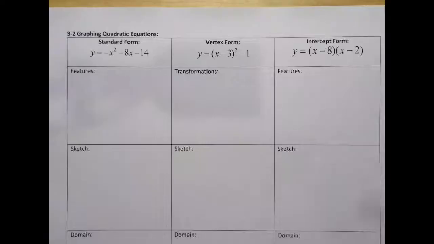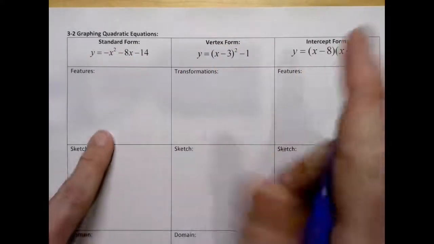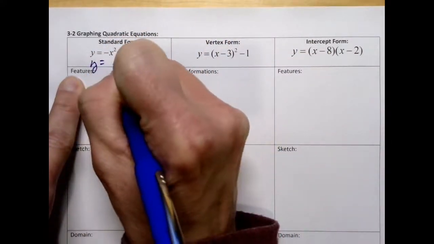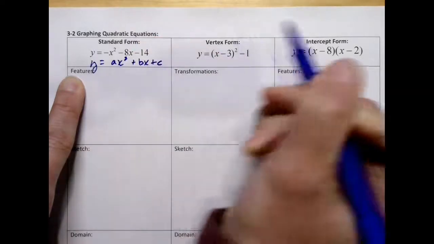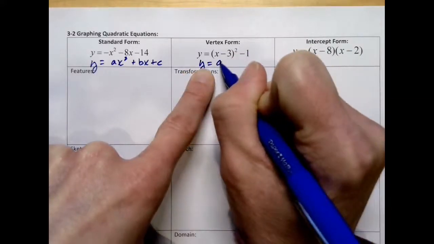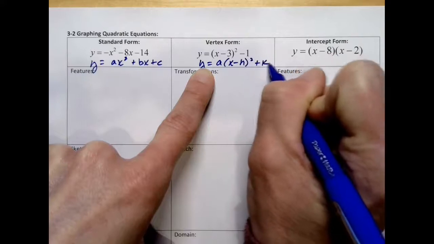Okay? All right, so on the second page of this, we have this conversation about each of our different forms of our quadratic equations. Our standard form is where I have y is equal to ax squared plus bx plus c. Our vertex form is always going to be where I have maybe a coefficient, a, times x minus h squared plus k.